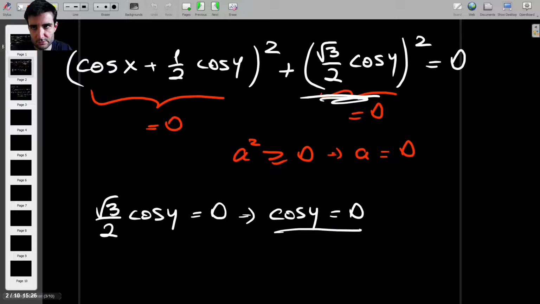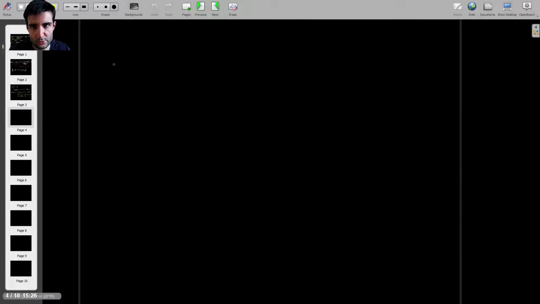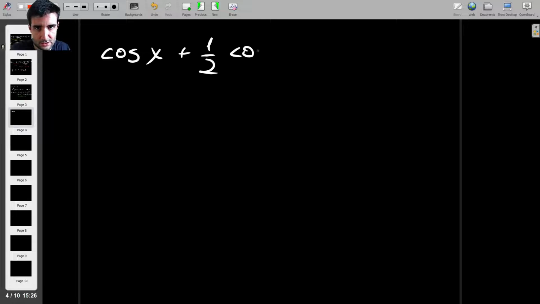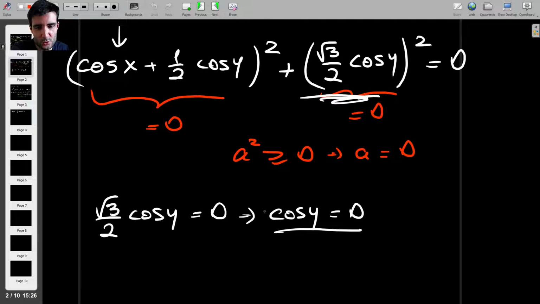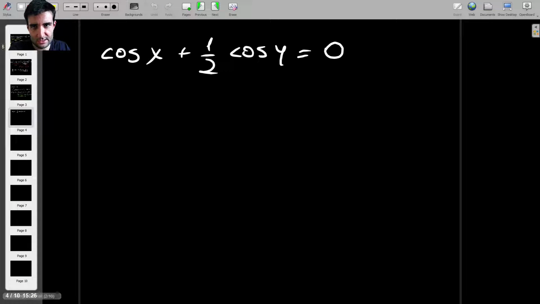So now that we found y, we can move on to this term, which is another perfect square, and we get that the quantity underneath the square has to be 0. So this plus 1/2 cosine of y equals 0. Now, we know that cosine of y has to be 0 because that's the second term, which means that this term cancels out, which means that cosine of x is equal to 0.